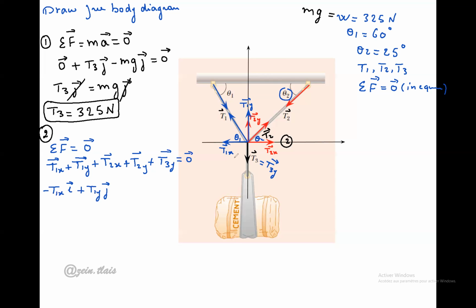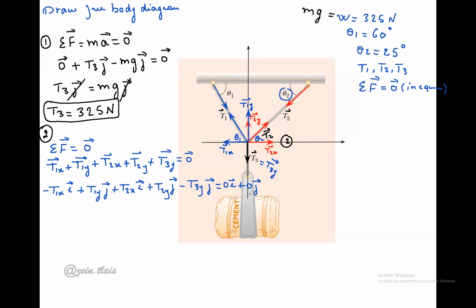T2x is to the right, T2x i. T2y is up, so T2y j. T3y is down, so minus T3y j equals 0i plus 0j.